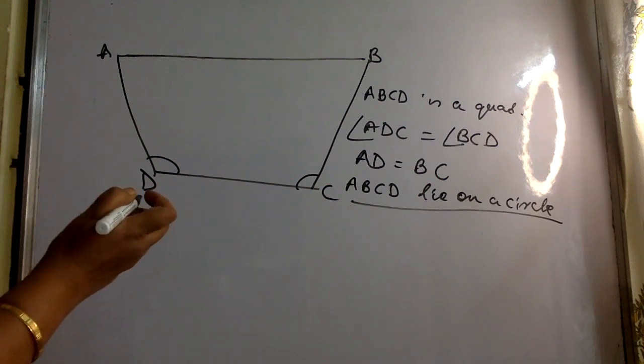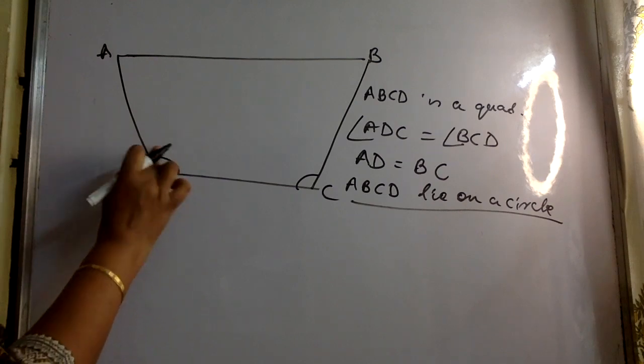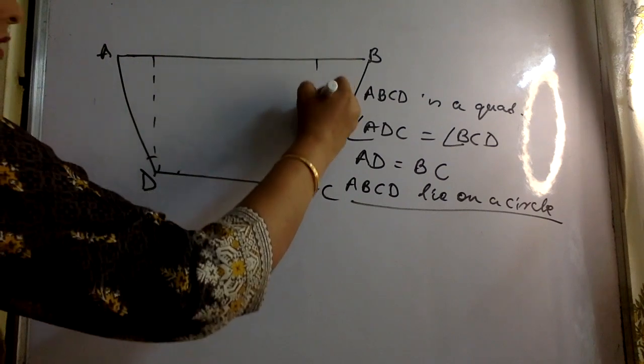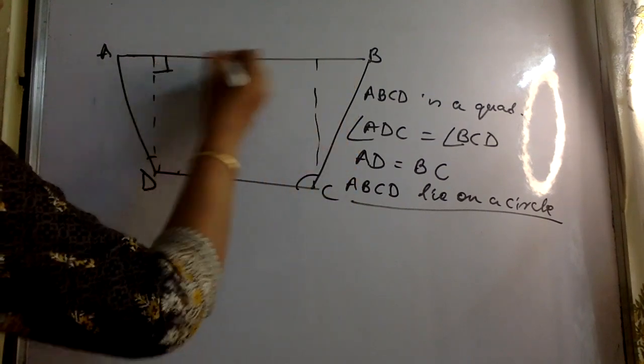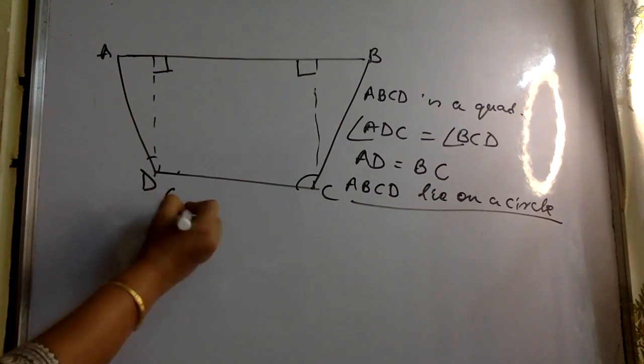Now, here we'll forget about this angle, we'll just make two perpendiculars from here. Okay, so there is a construction.